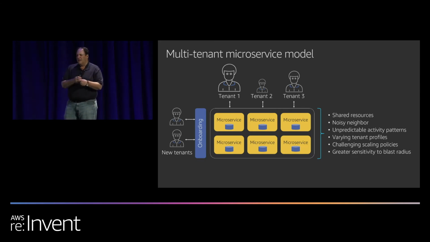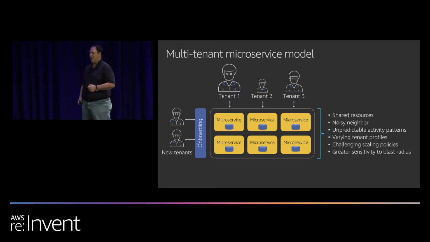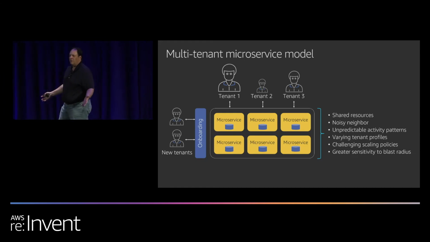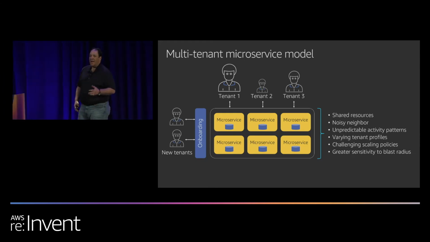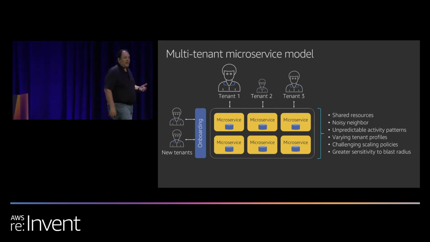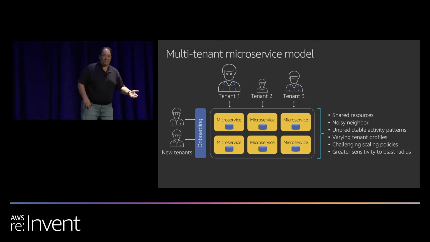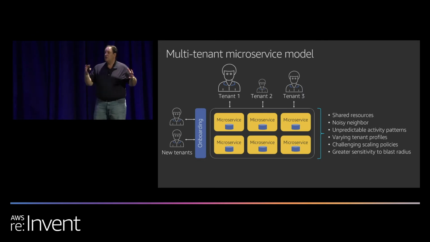Some tenants will have a really tiny data footprint, but they'll push the compute of the environment like mad. There's a full spectrum of ways that these tenants are using the system. And more importantly, new tenants are onboarding all the time. If you've done a good job with SaaS and you've done frictionless onboarding, new tenants are showing up, they're coming in, and so the profile of how tenants are using your system is changing all the time.